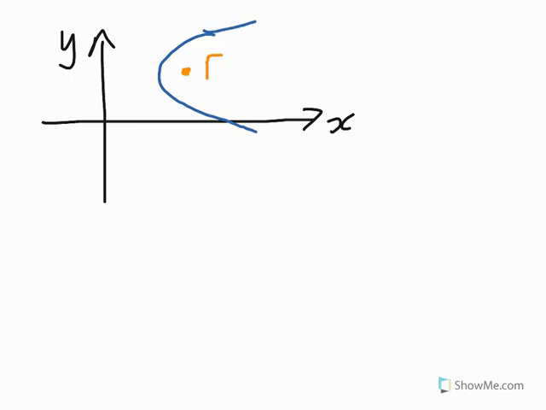There we've got our focus, we've got our directrix there, and our centre, which is this point right here, is at H and K. So let's have a look and see what happens here.